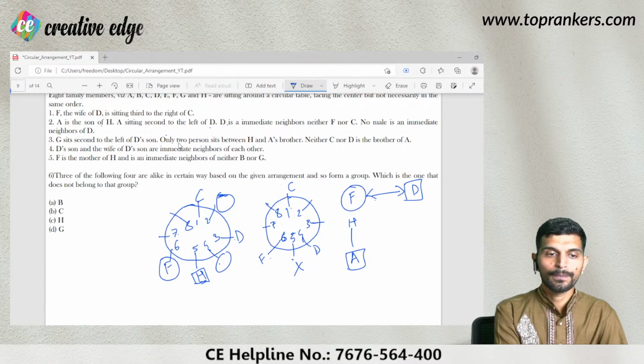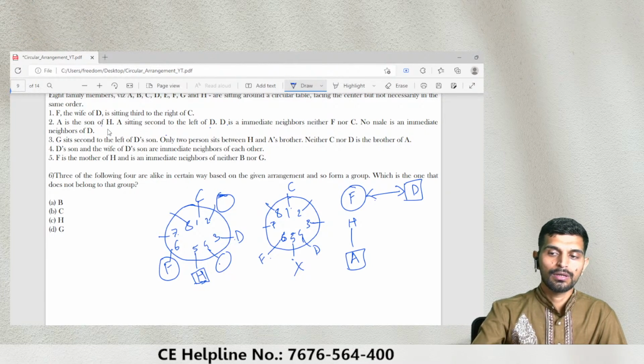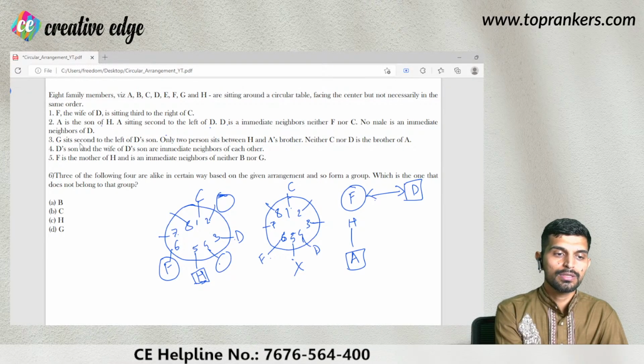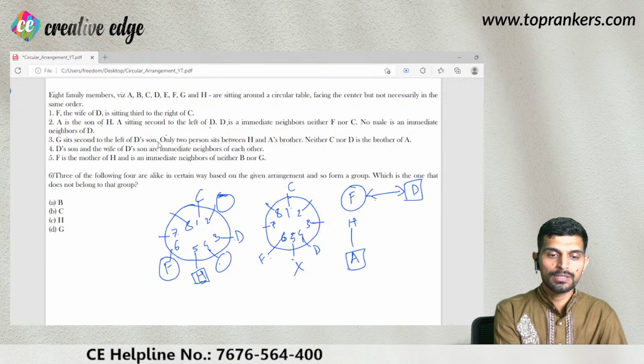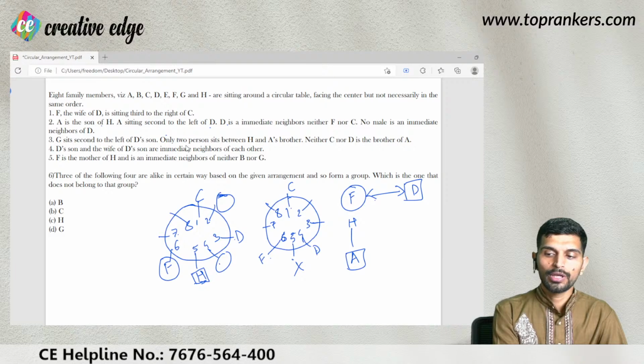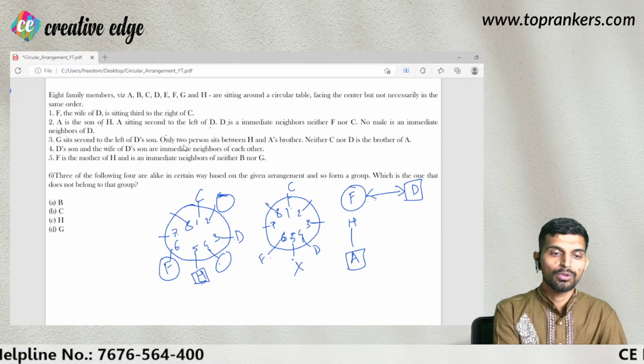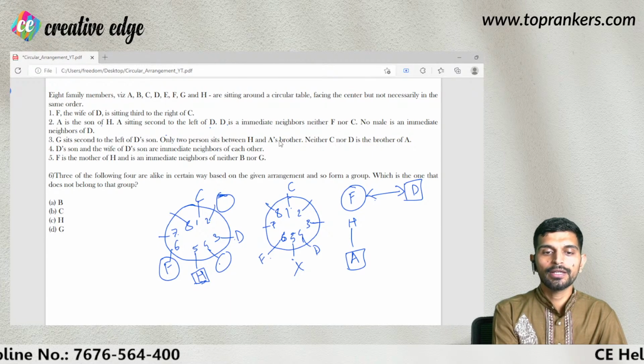After that, it says G sits second to the left of D's son. The only two persons sit between H and A's brother.